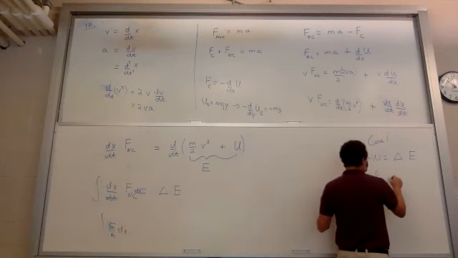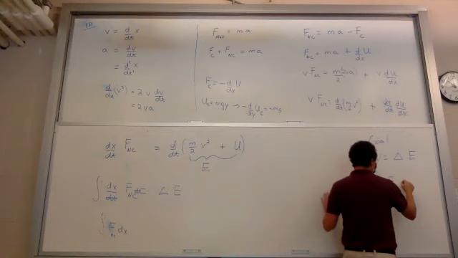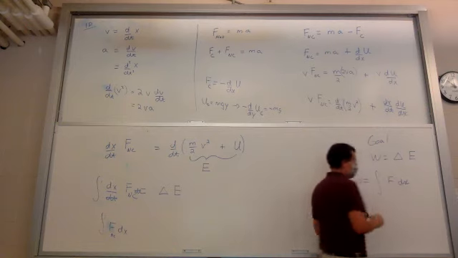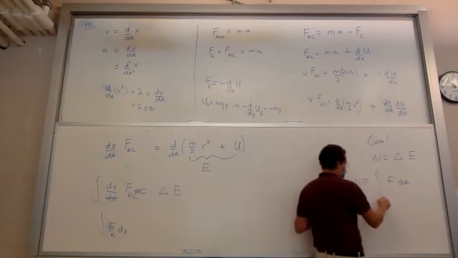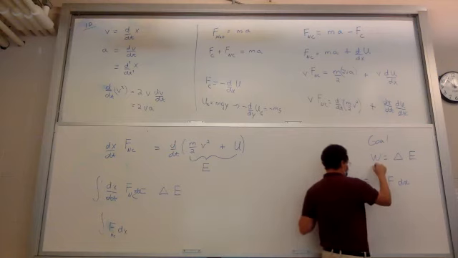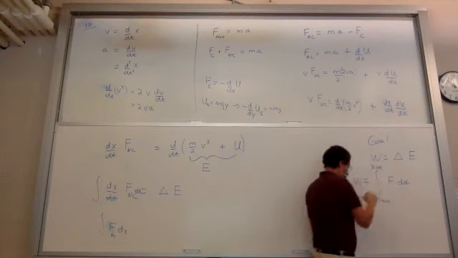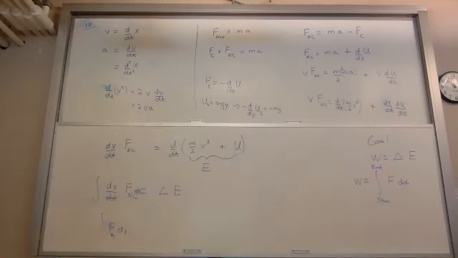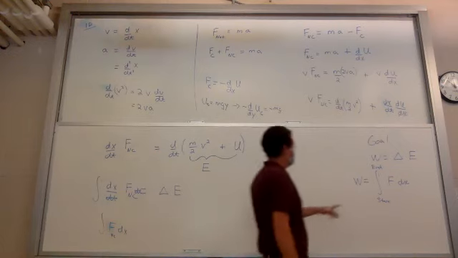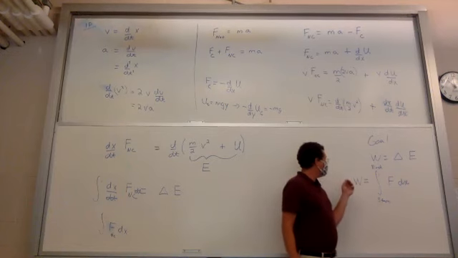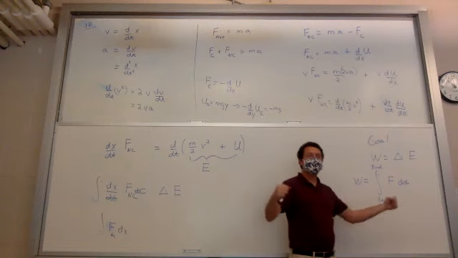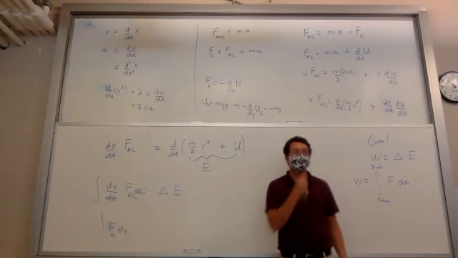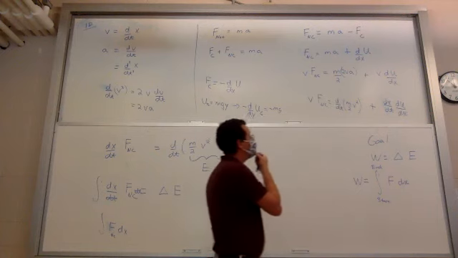Work due to a force is the integral of that force, and you integrate from start to the end. That's the work-energy relation. Notice, it depends on the path you take. You go from A to B through different paths, you can get different amounts of work. So it's not a property of the system.